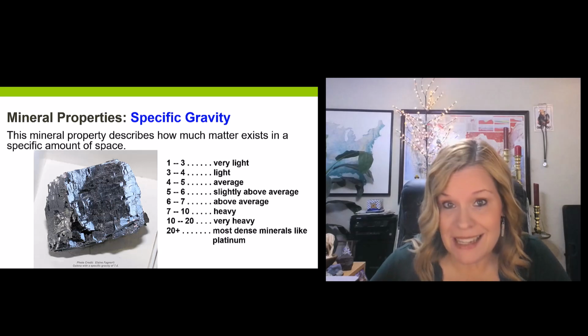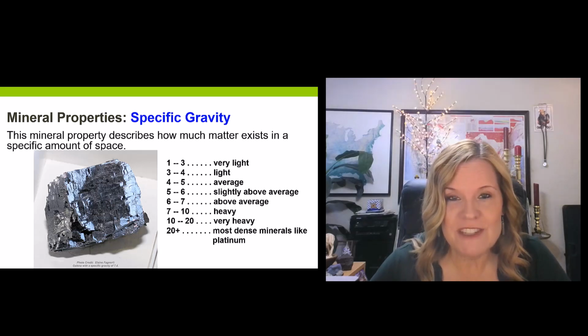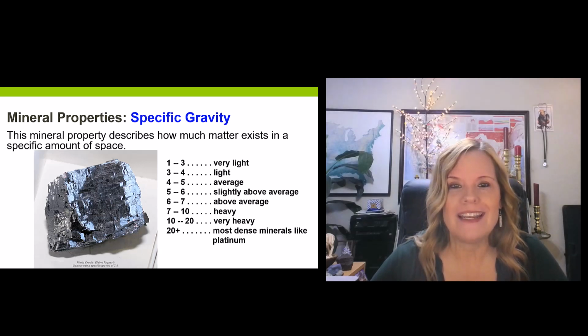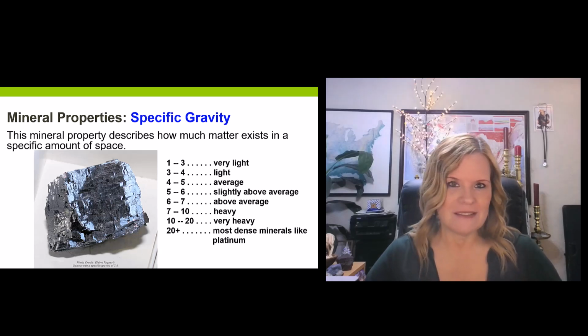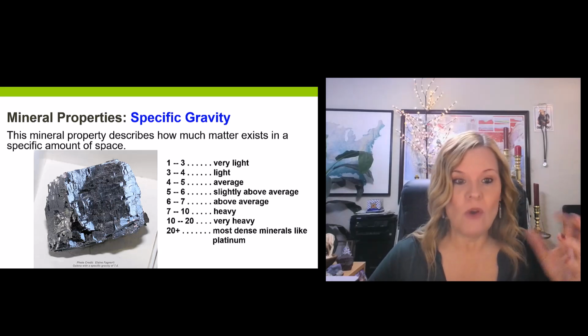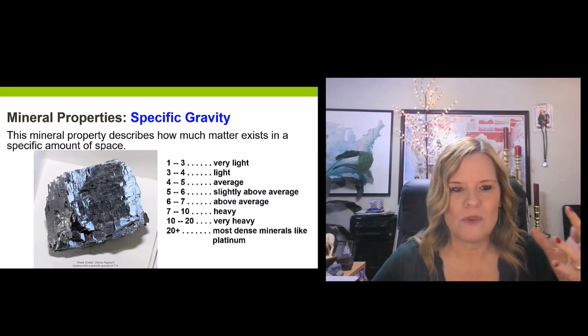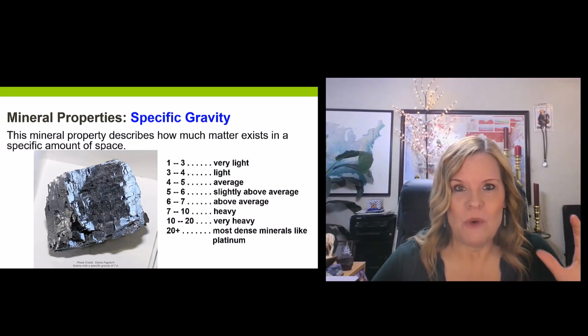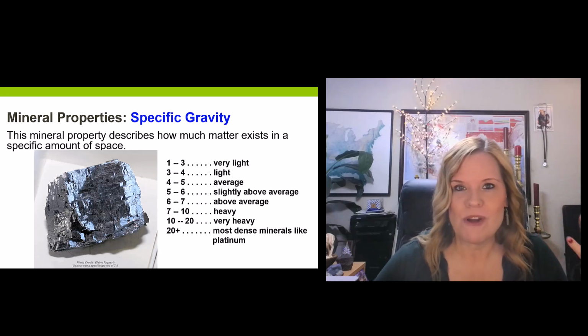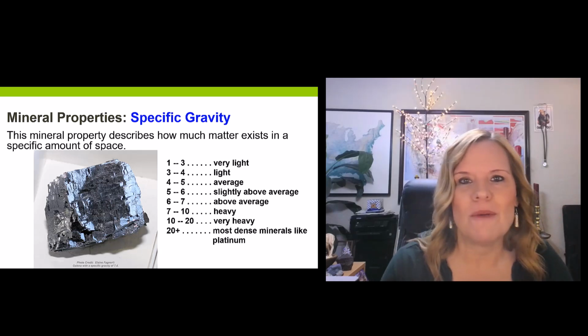For example, this is galena. Galena has a very high specific gravity, but it is very soft. It's like a 2 to 2.5 on the Mohs hardness scale. It feels like lead, and you might think it would hold a magnet because it's so definitely metallic. It does not. But that's why you need to look at all mineral properties in conjunction to help identify what you have.